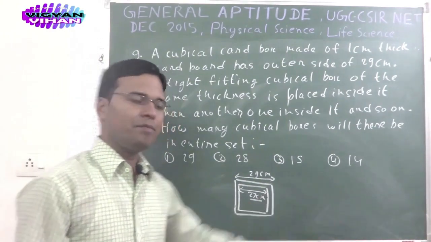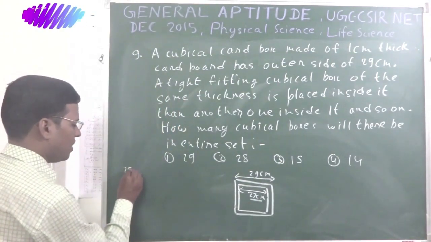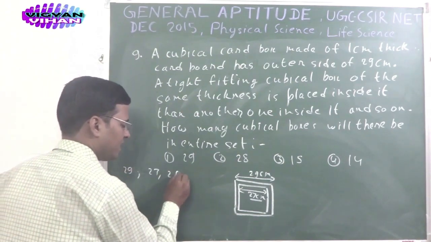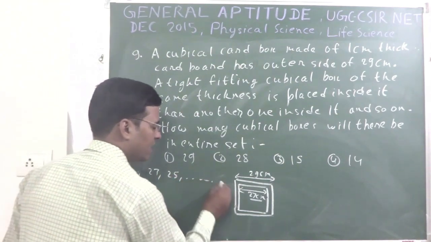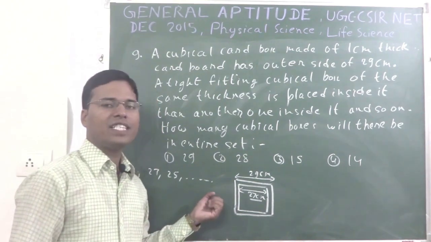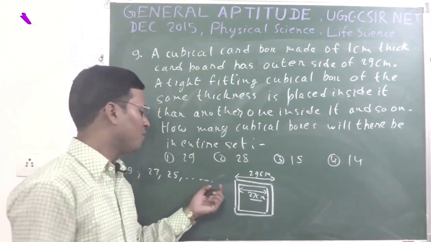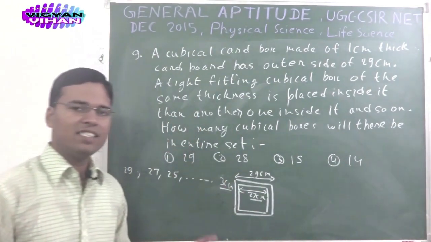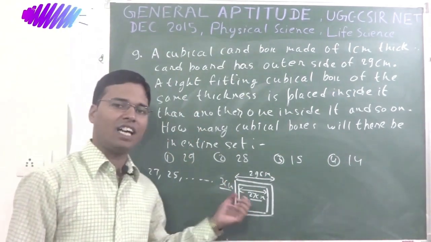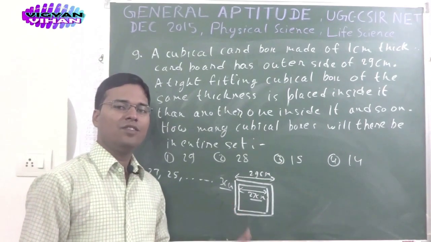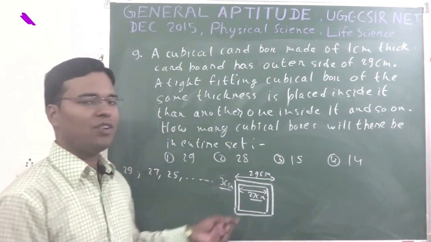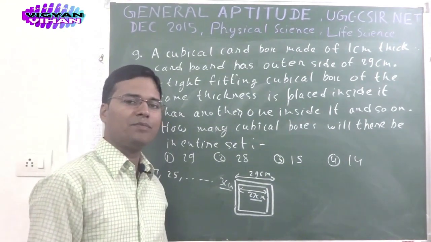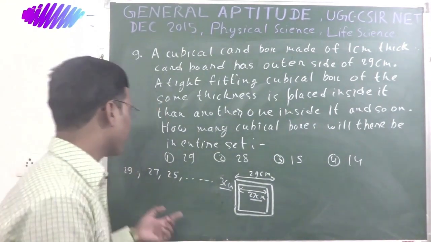The series will be like this: 29, then 27, then 25, and the last box which can be put inside will be of 3 cm outer side. A 1 cm outer box will not be possible because the minimum thickness is 1 cm. That will not be called a box.